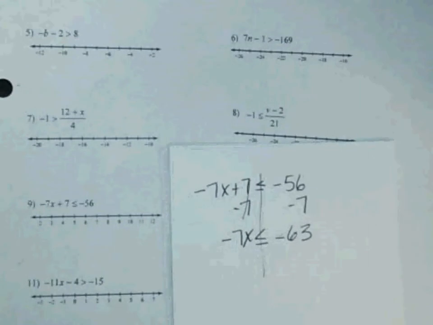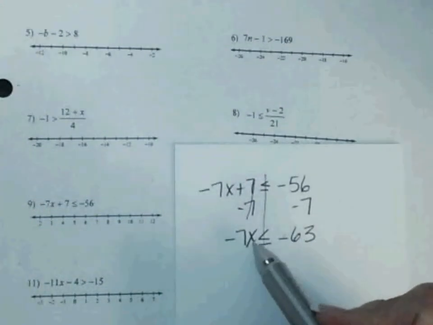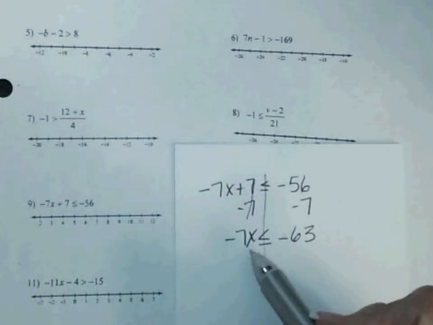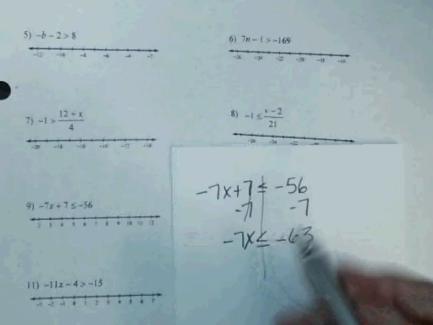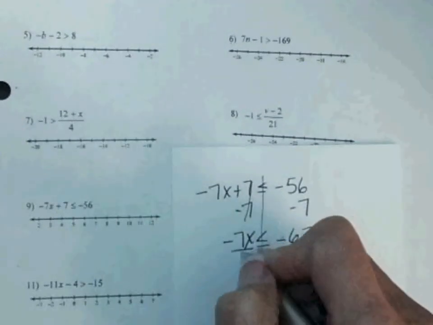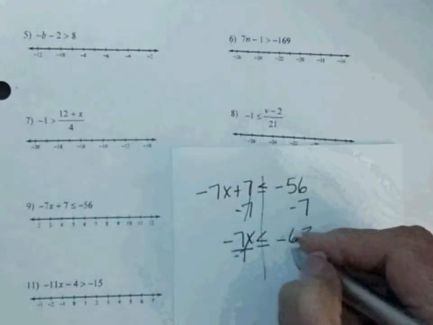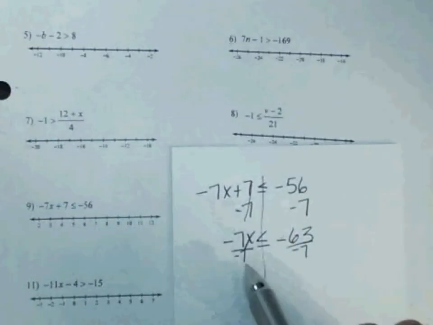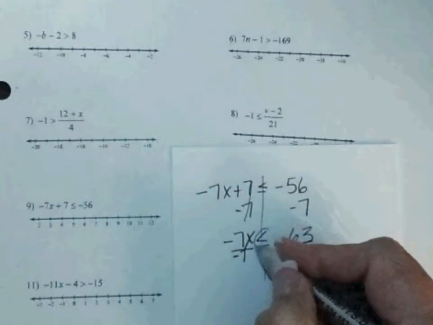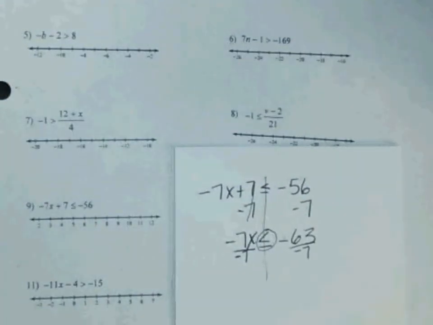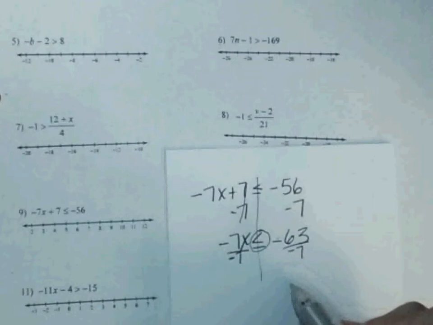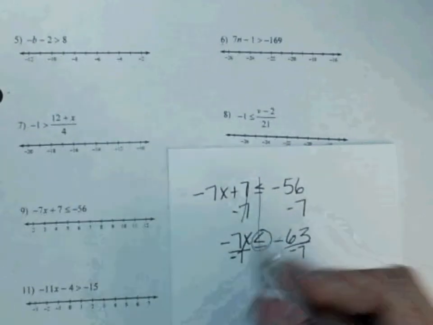So now I don't want to know what negative 7x is, I want to know what 1x is. So they multiplied here, so I'm going to divide both sides by negative 7. As soon as I realize I'm dividing or multiplying by a negative, I circle my inequality sign to remind me to flip it on my next step.